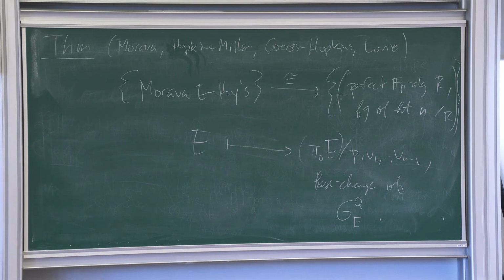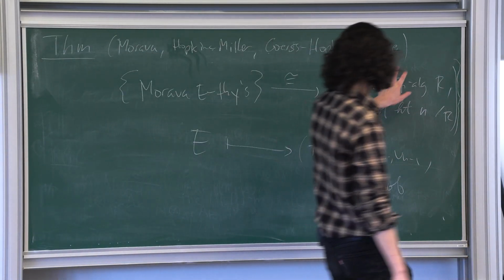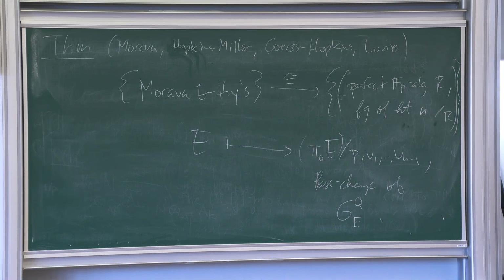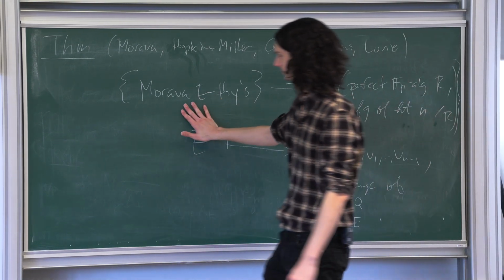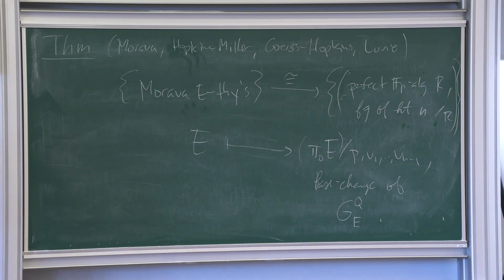So this purely algebraic data, if you have a perfect F_p-algebra and a formal group of height n, you can lift it to the world of spectra in a canonical way. The world of E-infinity ring spectra, commutative ring spectra.